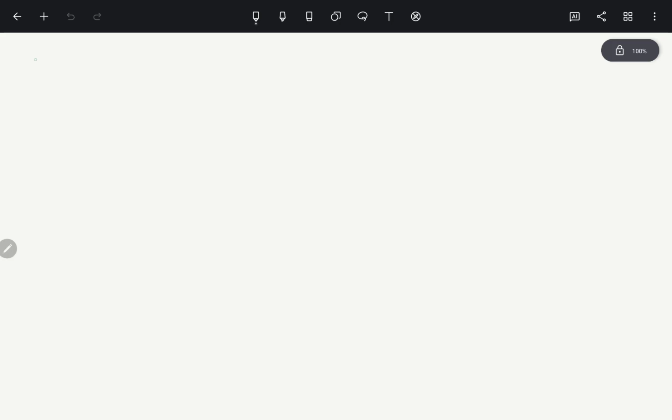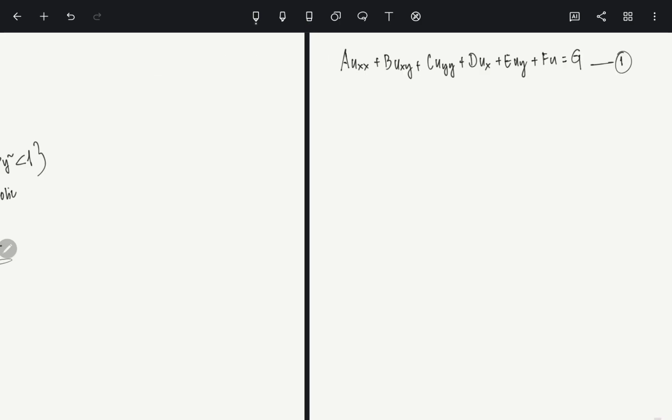Let's say we start with this equation: a u_xx plus b u_xy plus c u_yy plus d u_x plus e u_y plus f u equals g. That's the general equation. Let's call this equation 1.